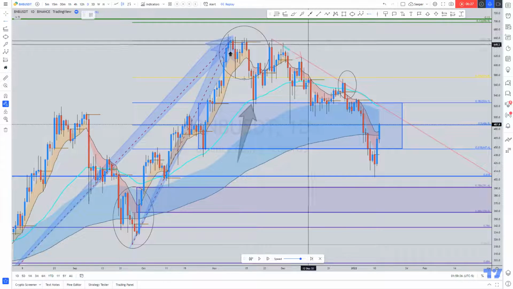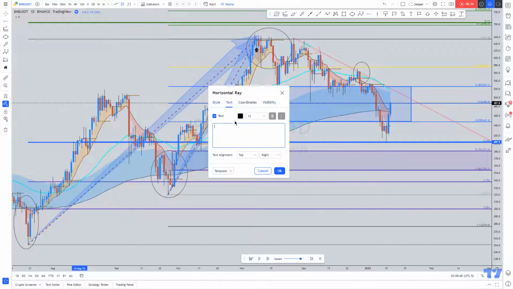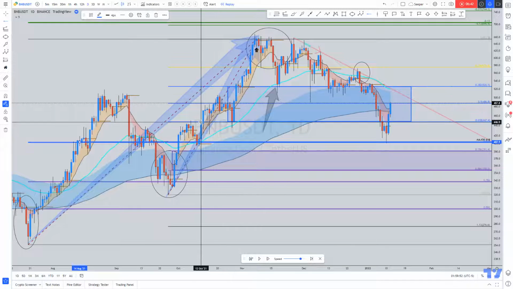And I'm going to actually go ahead and mark this because this is important to know. This is our major 618. That's our major 618. And this is our minor.